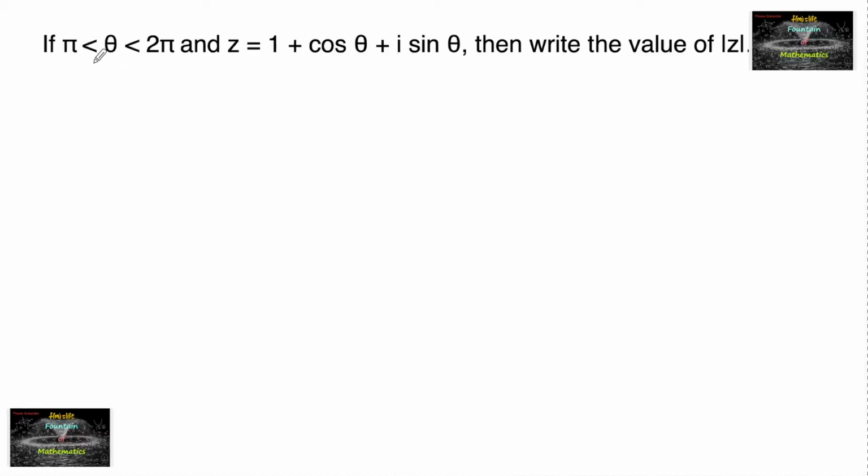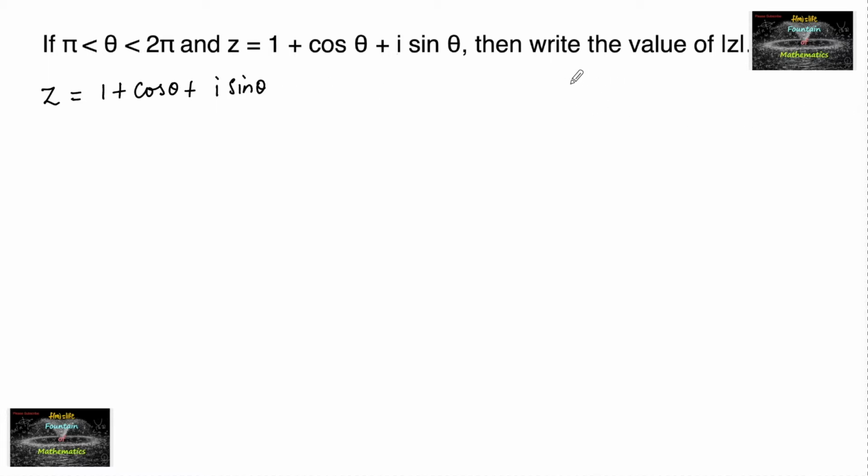If theta lies between pi and 2 pi and z is equal to 1 plus cos theta plus i sin theta, then write the value of mod z. Z is equal to 1 plus cos theta plus i sin theta.